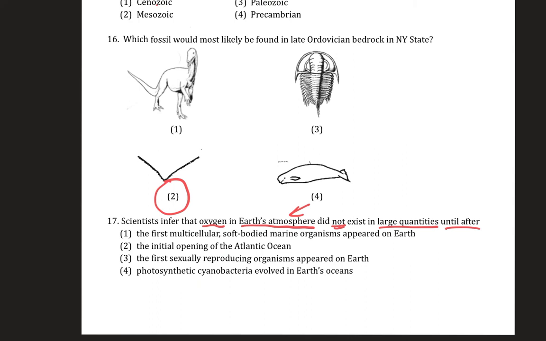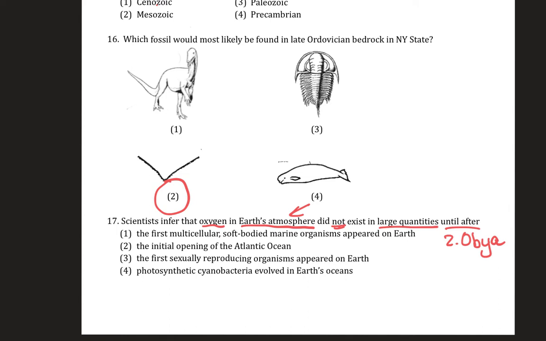Wait a minute, I think I confused myself, because this says scientific oxygen did not exist in large quantities until after this date. So I'm trying to find... okay, this is a little bit confusing in terms of its wording, am I right? So I'm trying to find something. If we're talking about 2 billion years ago, I'm trying to find something that happened before that, because what we're saying is that oxygen didn't exist until after whatever this happened.